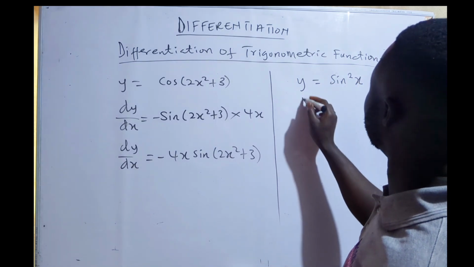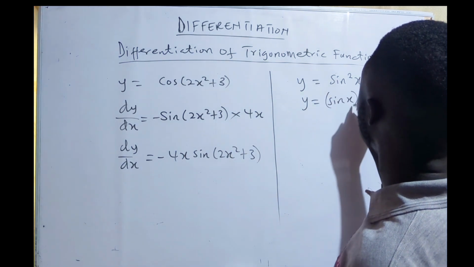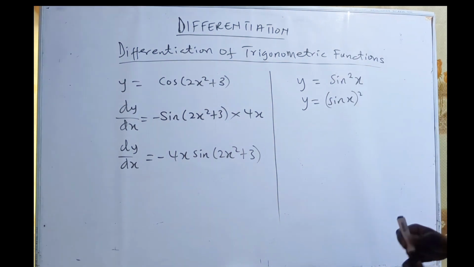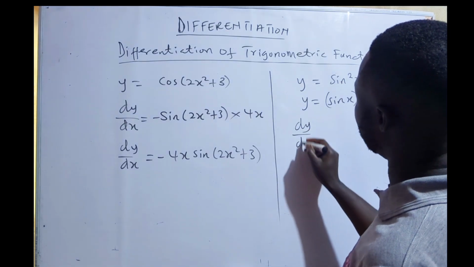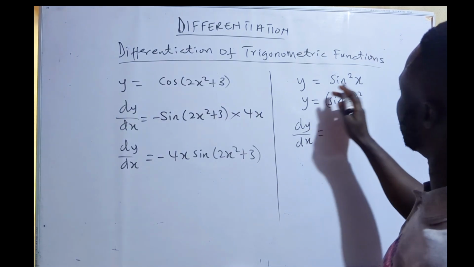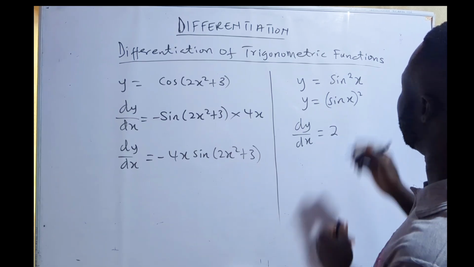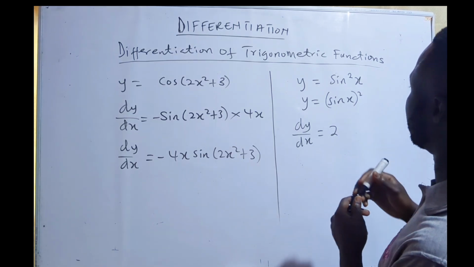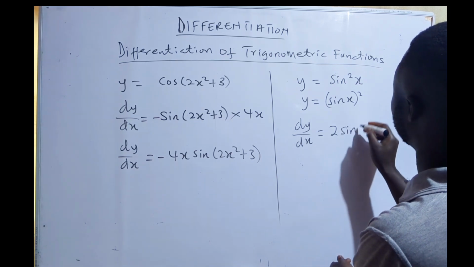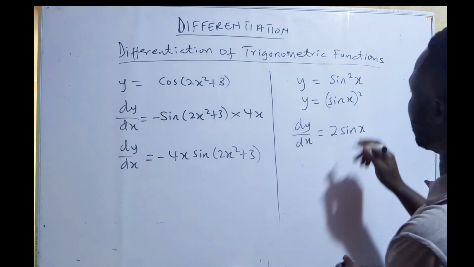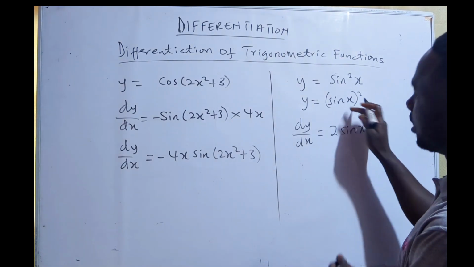This can be written as (sine x) all squared. If you want to differentiate, this is how you differentiate it. You bring the 2 here, then you subtract 1 from the power. If I bring 2 and subtract 1, what will I get? It will be 2 sine x, because when I subtract, it will be the same thing. Times, then I differentiate what is in the bracket here.